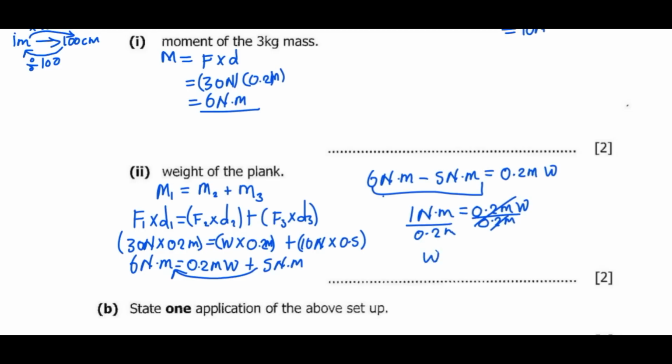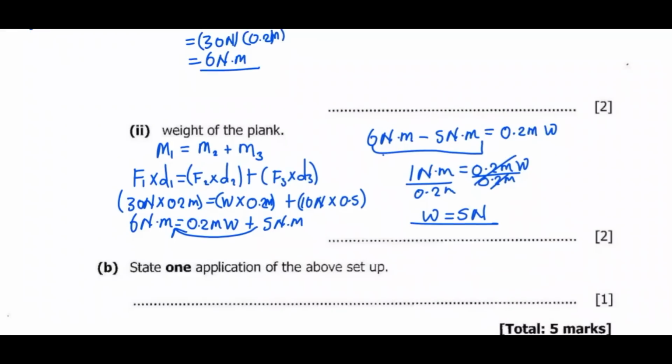So we cancel. Let's do calculations. If we divide 1 by 0.2, I'm getting 5 newtons. So this 5 newtons was the weight of the plank. So this was the force produced by the plank. As a result, we have now a balanced setup.